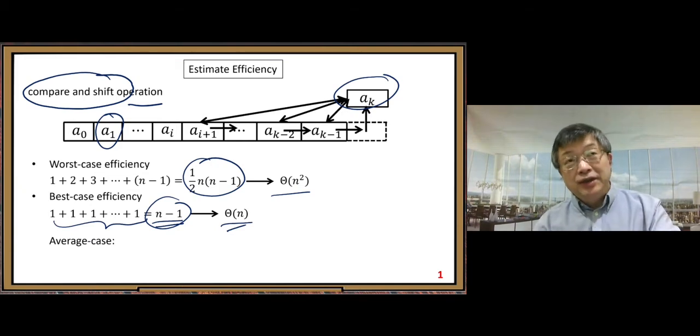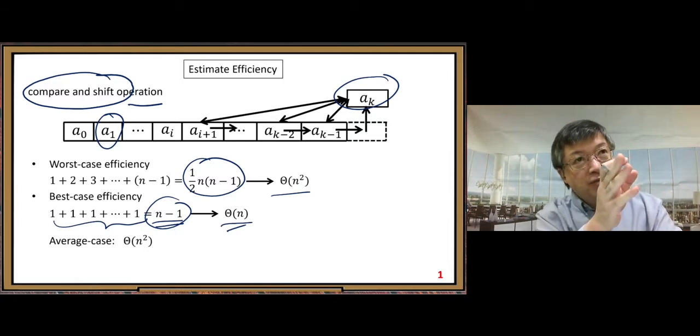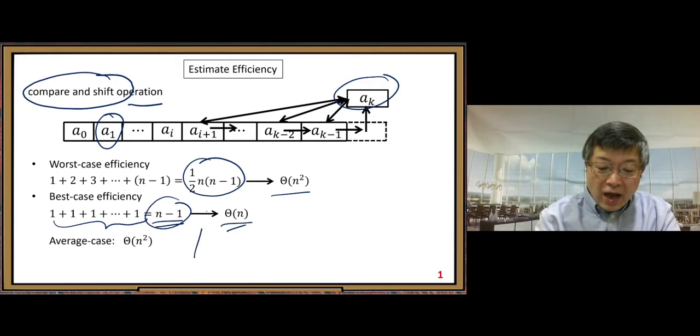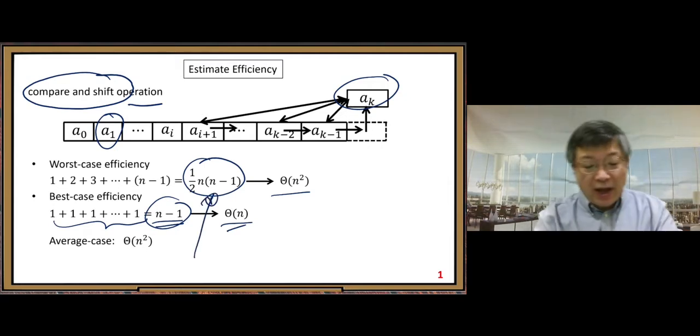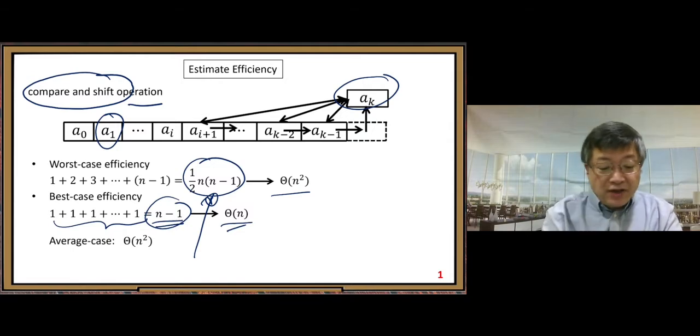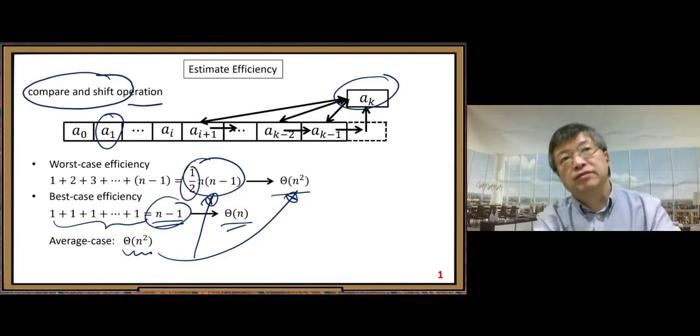The last and most difficult one is the average case. Here, I do not do it explicitly. I like to leave it to you as a practice exercise. Can you calculate the average case expression? Although the final answer is still similar to that one, the constant coefficient is different.